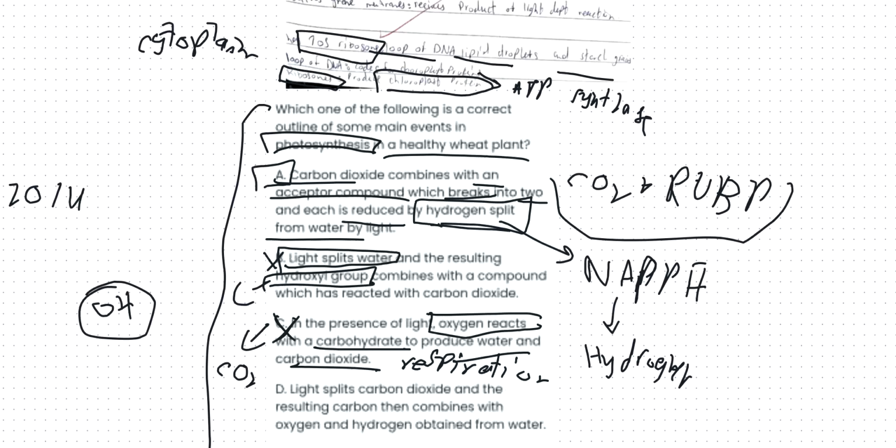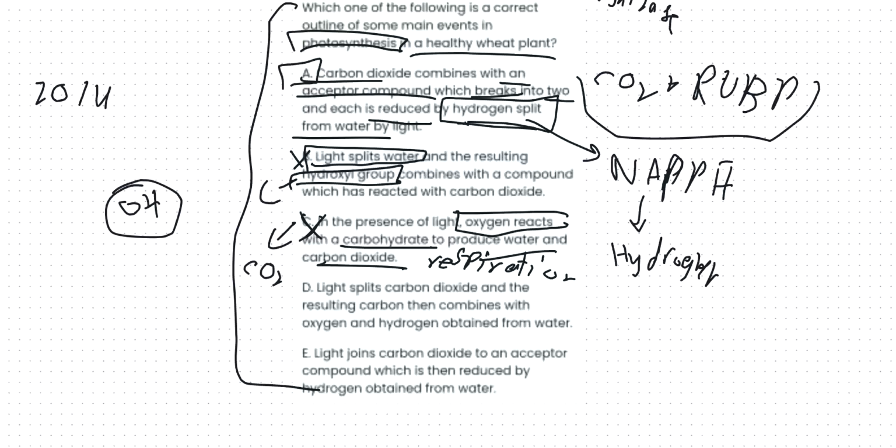And D: light splits carbon dioxide, and the resulting carbon then combines with oxygen and hydrogen obtained from water. No, this is wrong. Carbon dioxide does not split. Water splits. And E finally says that light joins carbon dioxide to an acceptor compound, which is then reduced by hydrogen obtained from water.